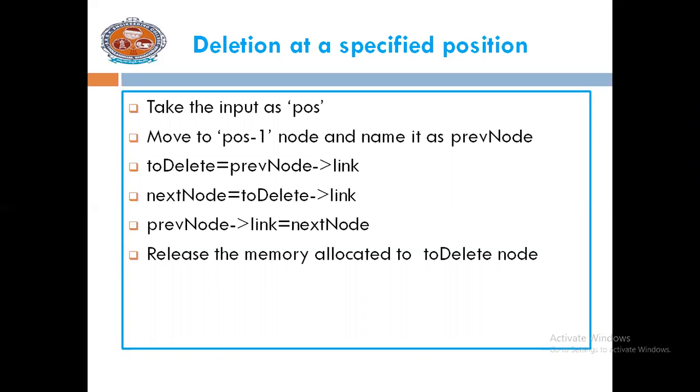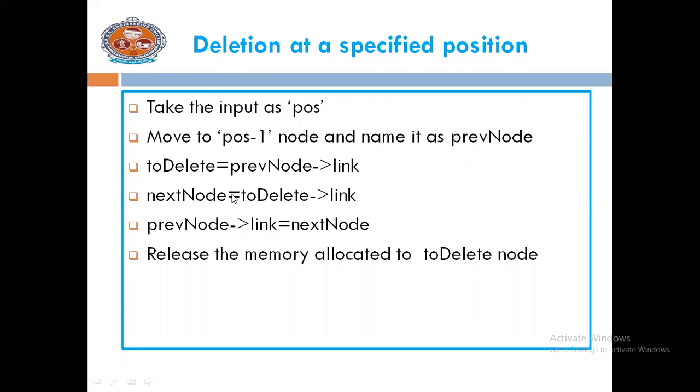Whenever we get the previous node, its link part gives the address of the node at position POS. So here we are using the variable to delete, equal to previous node of link, which gives the address of the required node, that is the node to be deleted at position POS. Using the to delete link pointer, we can get the address of the next node, which is the immediate node after the to delete node.